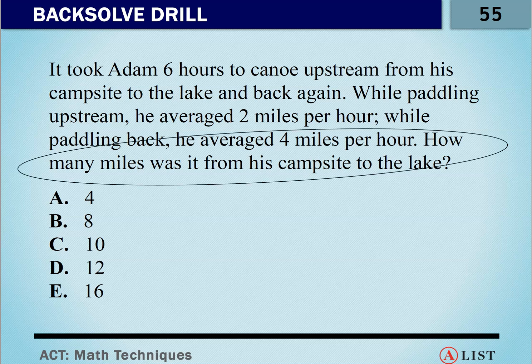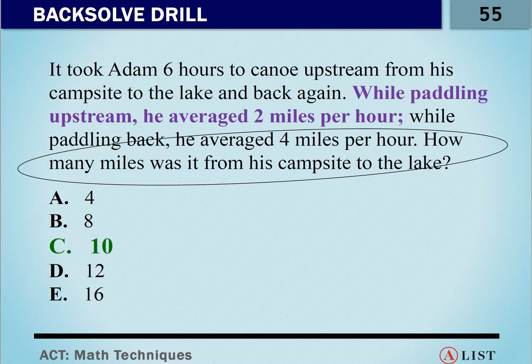So this is where you need to look at taking the value, actually backsolving it, into using the distance formula, distance equals rate times time, or distance divided by the rate equals the time.